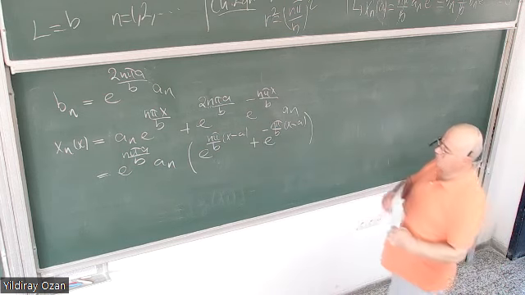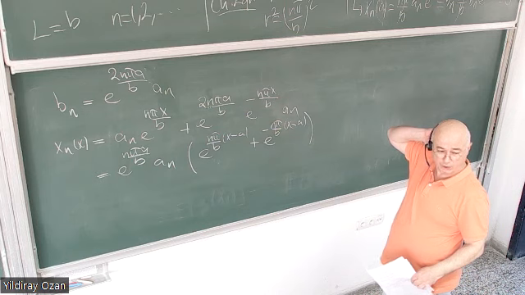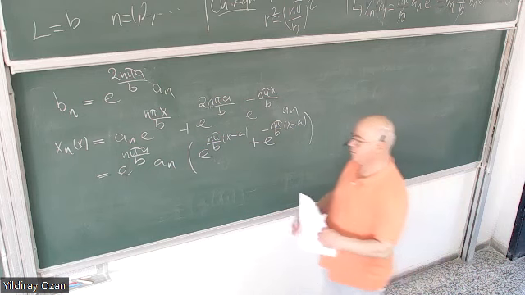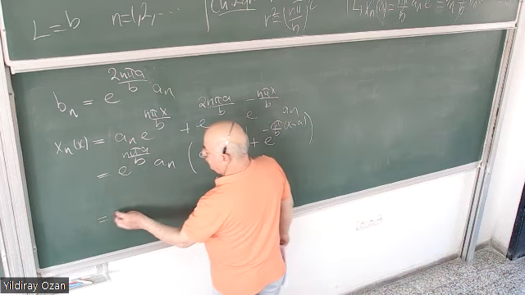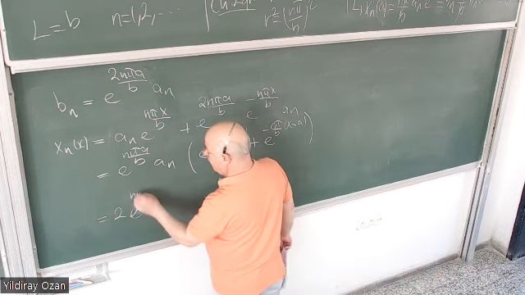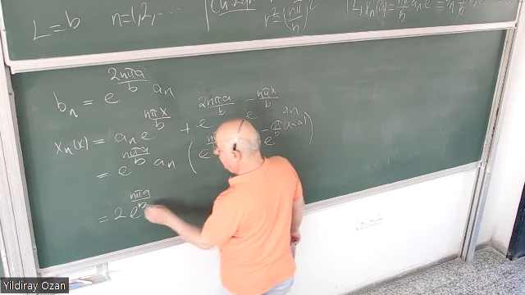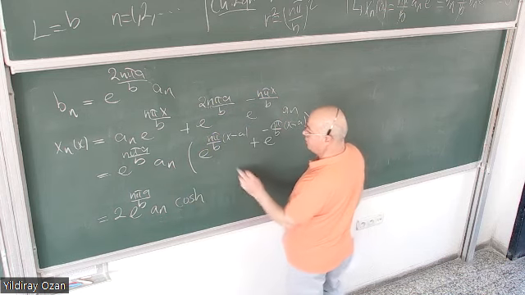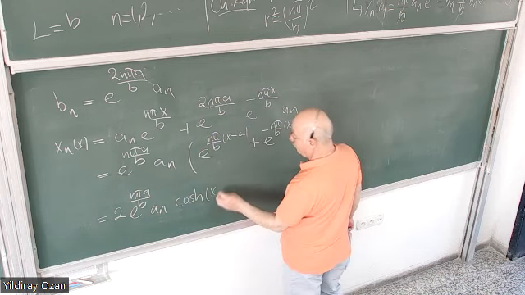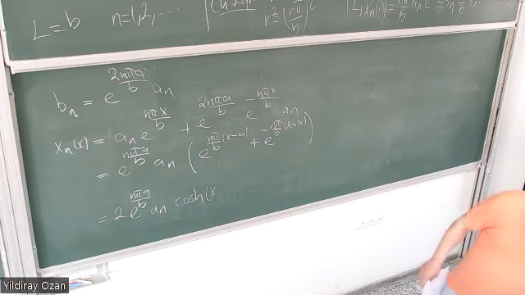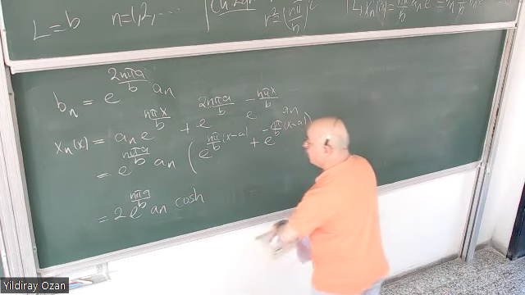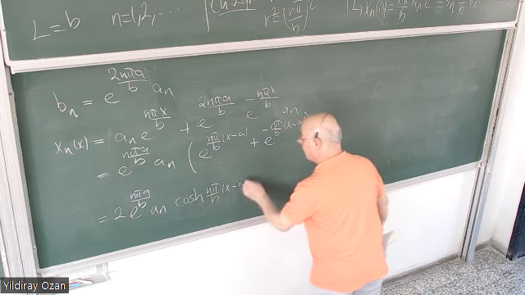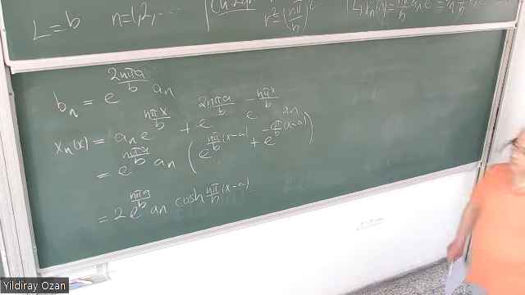Yani aslında bu kosinüs hyperbolik oluyor, değil mi? Bir de 2 koyarsak, so this is just 2 times e to the power n pi a over b an cosine hyperbolic n pi over b x minus a. Tamam mı?